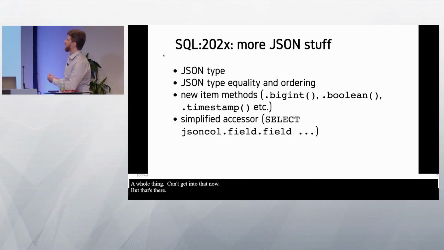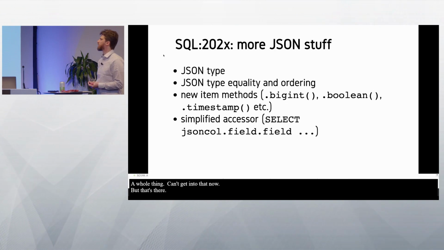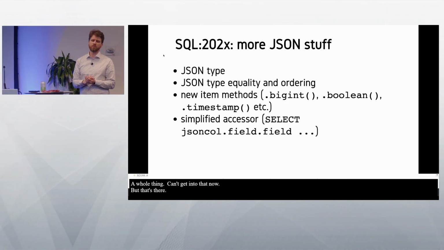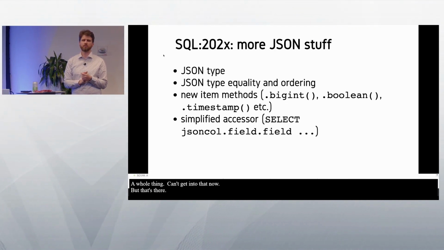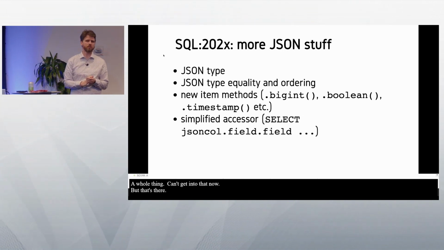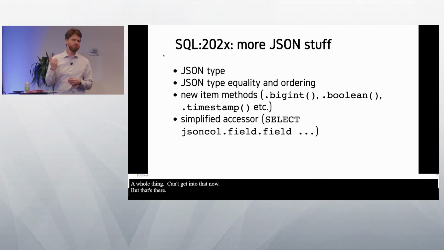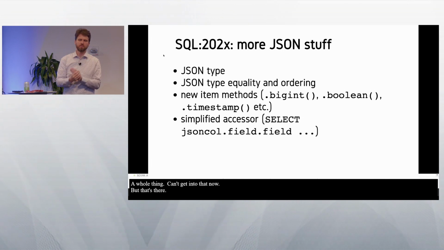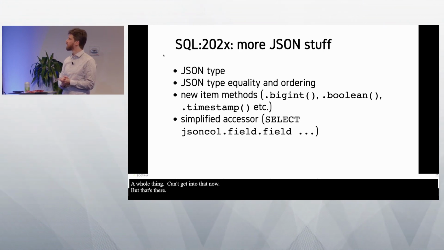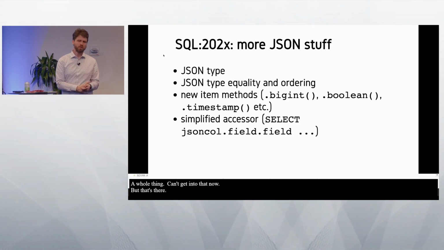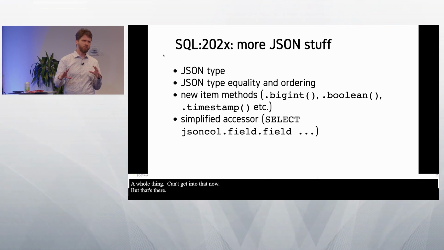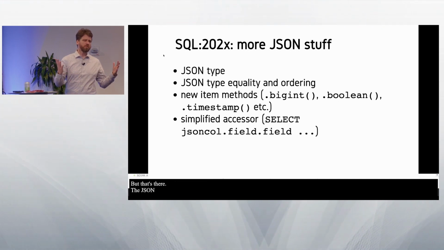So, more JSON stuff. The first one is maybe kind of odd, right? If you remember in SQL 2016, there was a bunch of JSON functionality added: JSON_OBJECT, JSON_ARRAY, JSON_TABLE, all these things maybe you've seen, and many of those are in Postgres. Many of those kind of came via Postgres. But there was no JSON type, because you could use these operators only on text fields, basically.